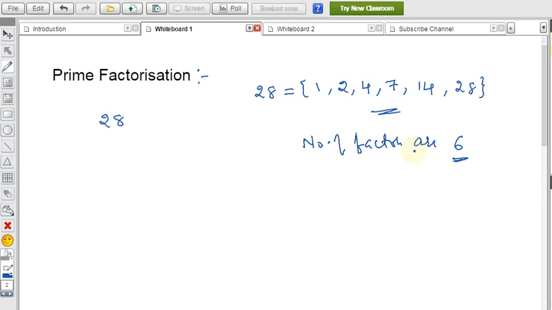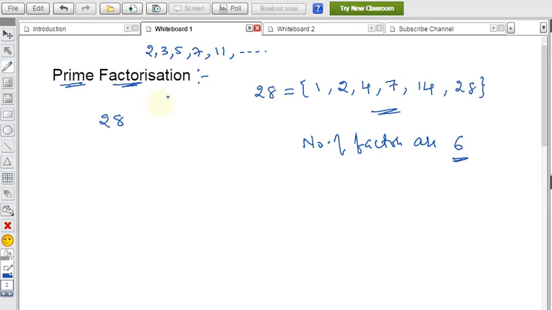My concept here is that without finding these factors individually, we directly find the number of factors by using the prime factorization method. First you will see how to do prime factorization. If any number is given, the prime numbers are 2, 3, 5, 7, 11 and so on, which are not divisible by any number except 1 and itself.